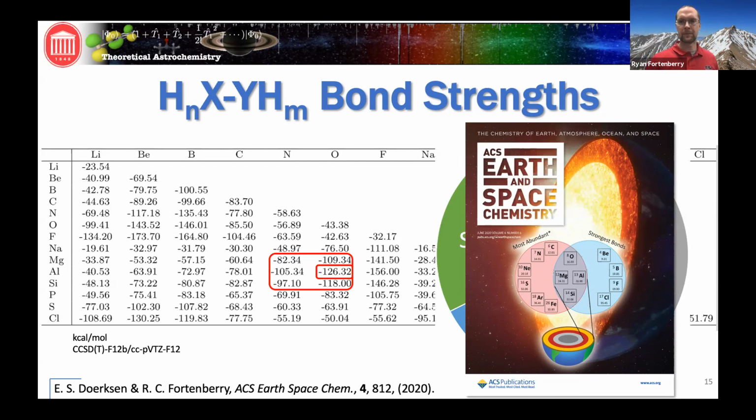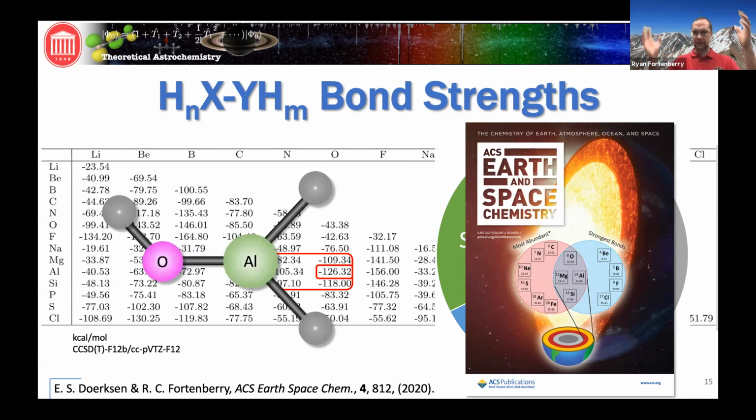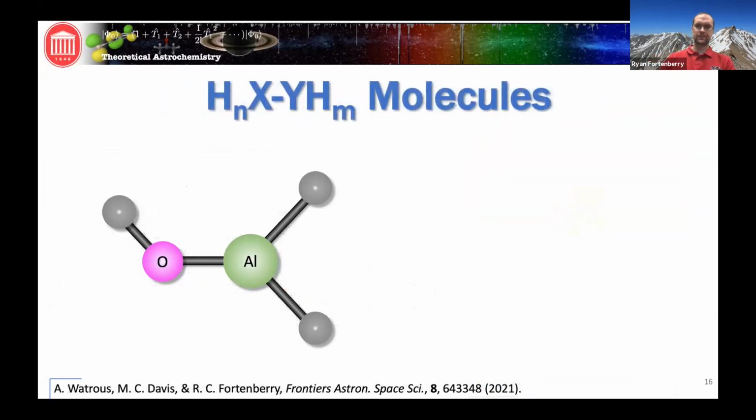So what is that molecule? That molecule, again, because we have our valency filled with the hydrogens, is this aluminum hydroxide structure. And there's not a whole lot known about it in the literature. Can we potentially find this molecule in space? So we calculated the vibrational frequencies and other spectral data.